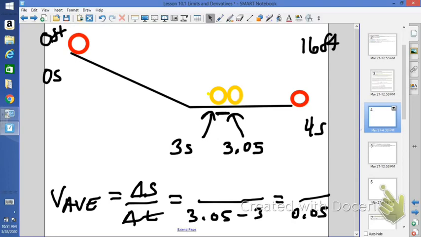Now, that only gives us an approximation. All right, so we can use this average velocity over and over and over again and get an approximate answer for instantaneous velocity. But if we want the exact answer, what we're going to need to do is treat it like a limit.